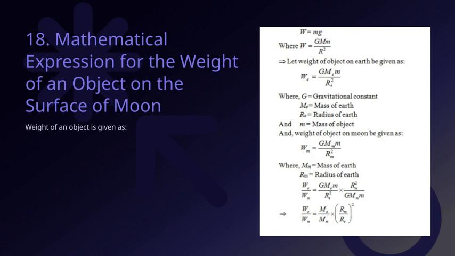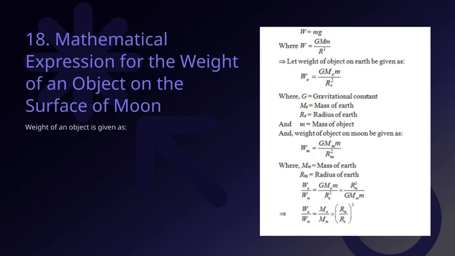Weight equals the mass of the object multiplied by the acceleration due to gravity at that location. Specifically, on the moon, this acceleration due to gravity is much less than on Earth, roughly 1/6. So, if we denote the weight as W, the mass as m, and the moon's gravitational acceleration as g, then the equation becomes W equals m times g.